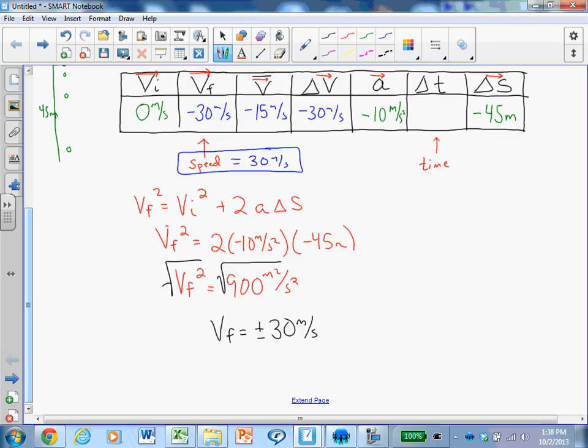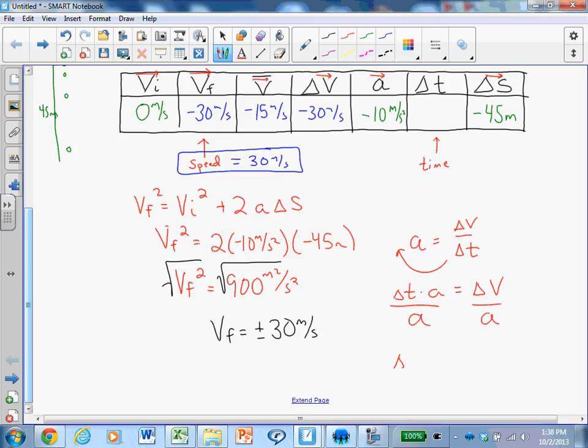And now the time we can get from a couple of different equations, but let's use this one. Solving that for delta t, you would bring up the delta t, and then you would divide out the a.